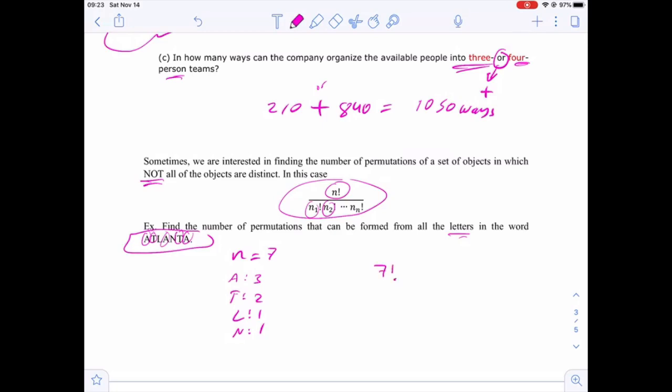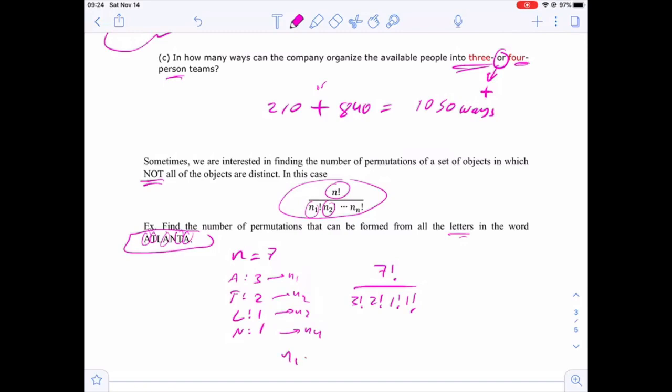Then the number of permutations that can be formed from all the letters is 7 factorial over 3 factorial times 2 factorial times 1 factorial times 1 factorial. This is n1, this is n2, this is n3, and this is n4.